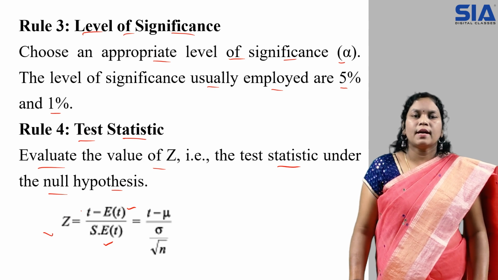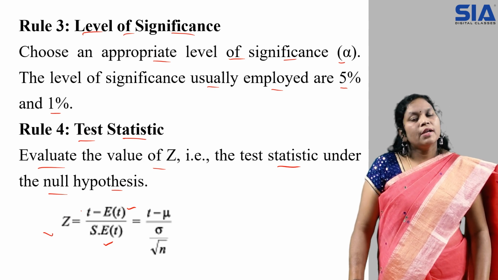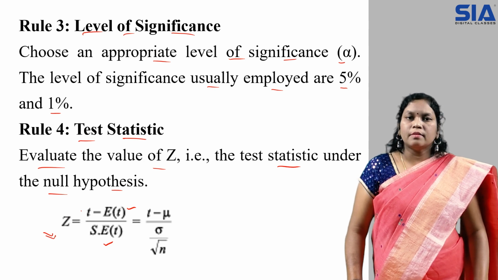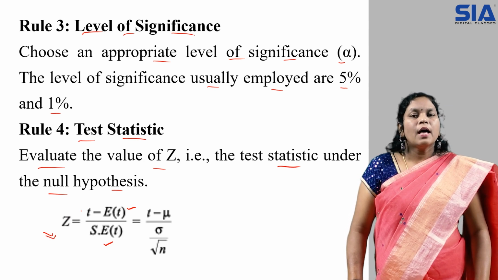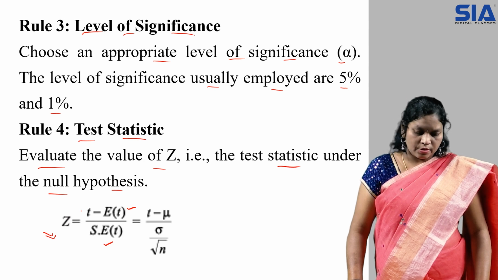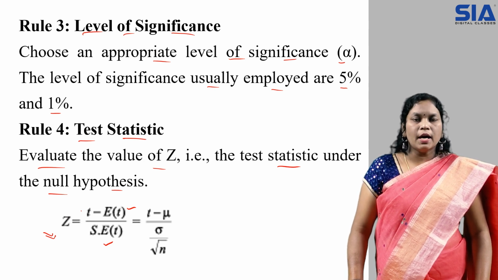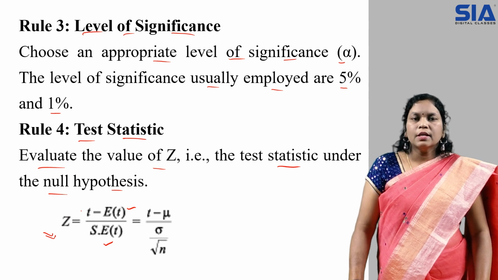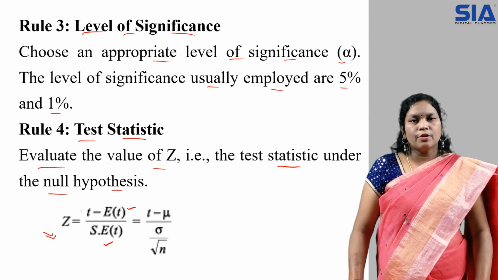Based on the data, if it is related to mean, we convert this basic formula into the mean type of formula, and if it is proportions type, we'll utilize this as the basic formula, and we'll go for the mean and standard errors for that, and we'll convert it into the particular formula.